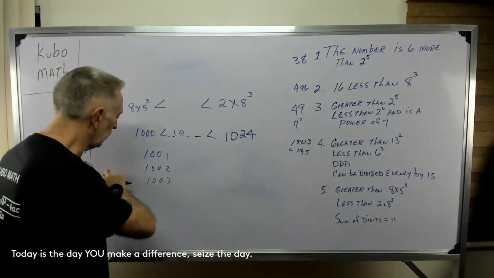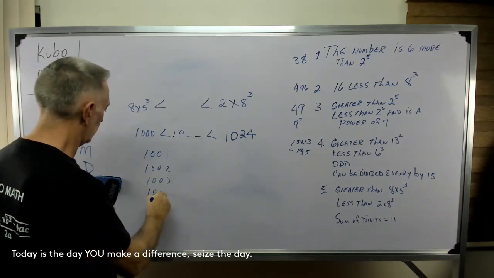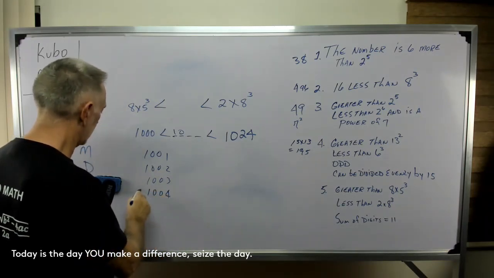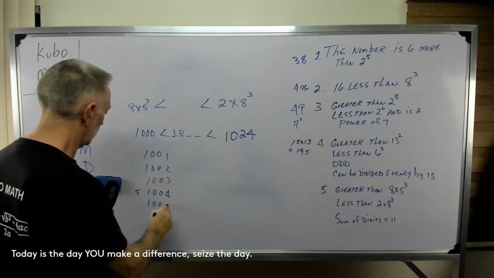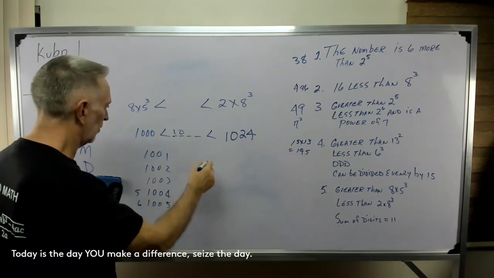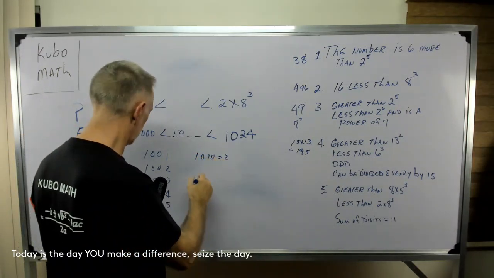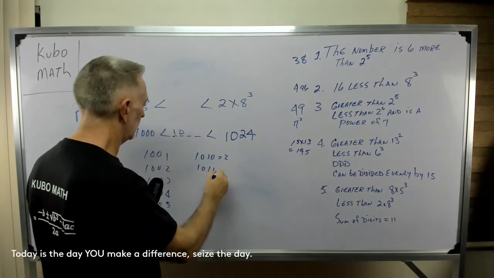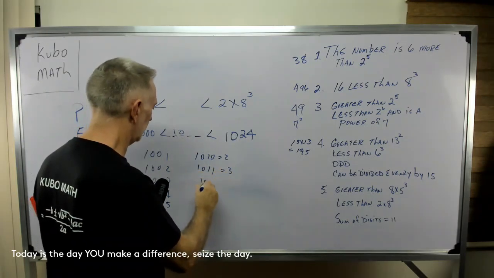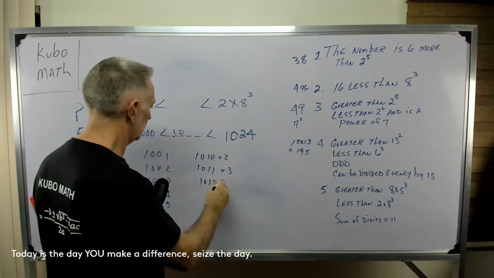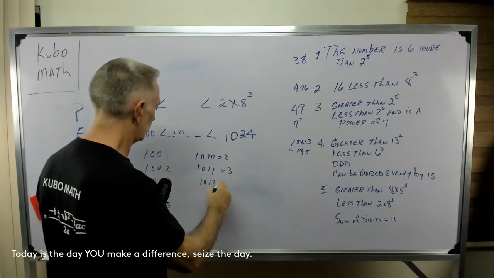So you could say 1004, well, that equals 5. 1005, that equals 6. 1010, well, that equals 2. 1011, that equals 3. 1012, that equals 4.